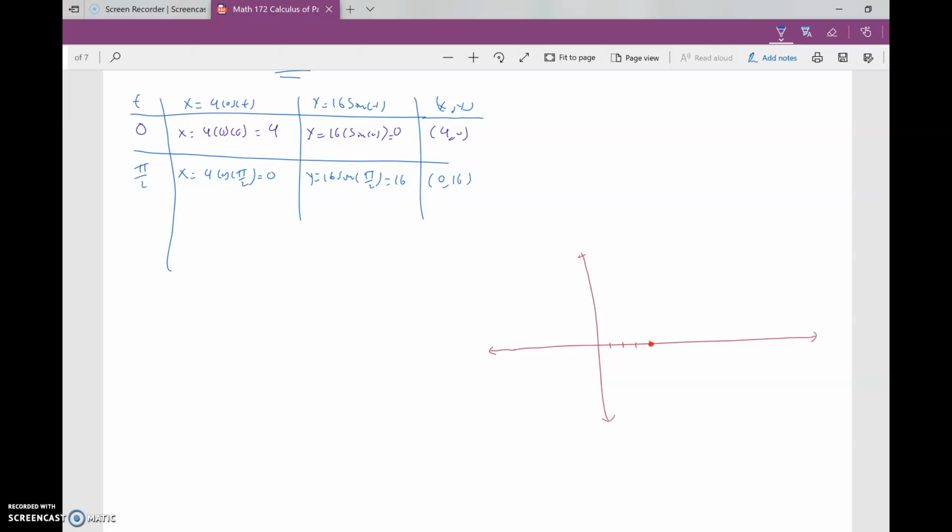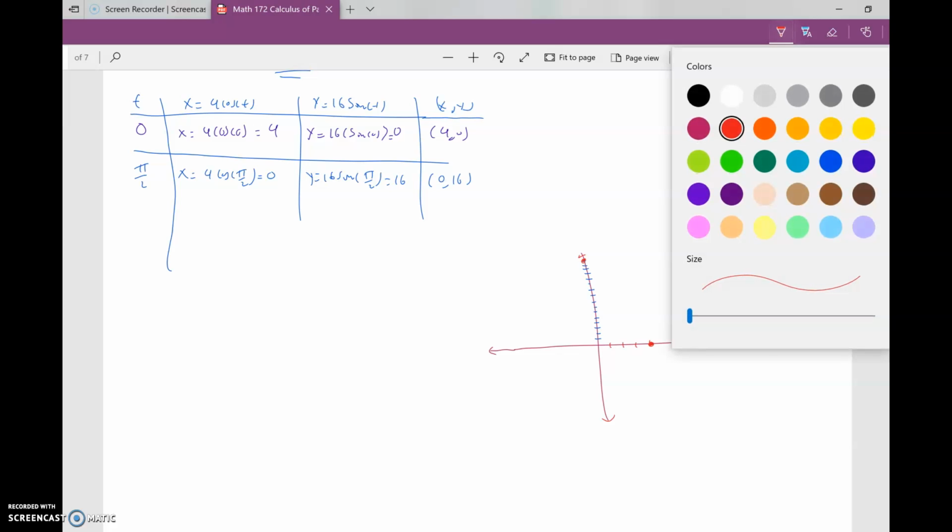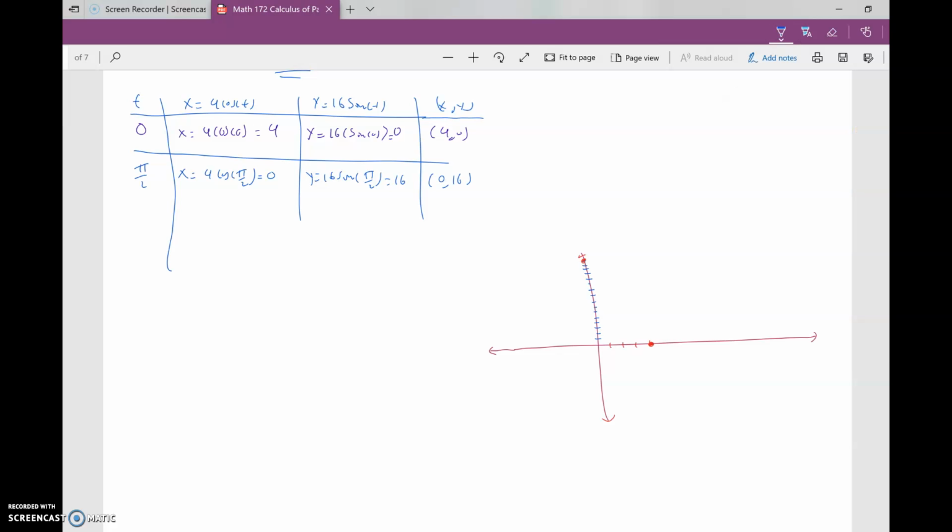So 0 comma 16, which not to scale, but 1, 2, 3, 4, 5, 6, 7, 8, 9, 10, 11, 12, 13, 14, 15, 16. I'm just going to put it here. And then let me just use for the last one the values of pi. So x is equal to 4 times cosine of pi. This is equal to -4.